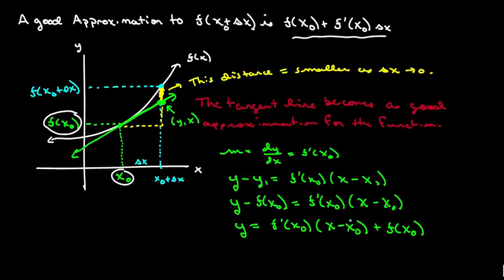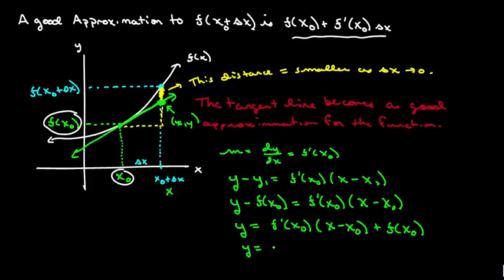The y value anywhere on this line, that's this right here. If I'm calling this x and this x naught, then x is equal to x naught plus delta x. I'll leave it as that because it's consistent with the notation here. So x minus x naught, if you take this minus this, that's this distance right here, delta x.